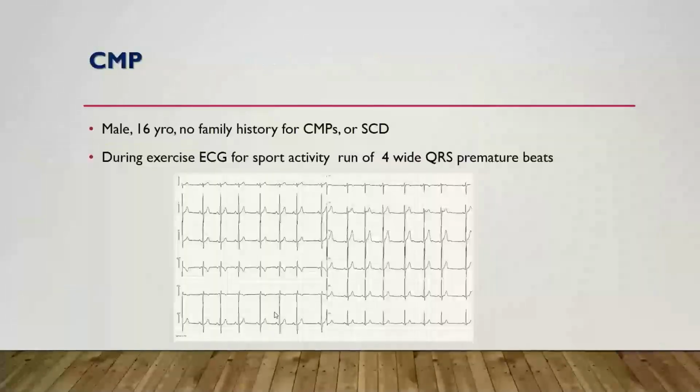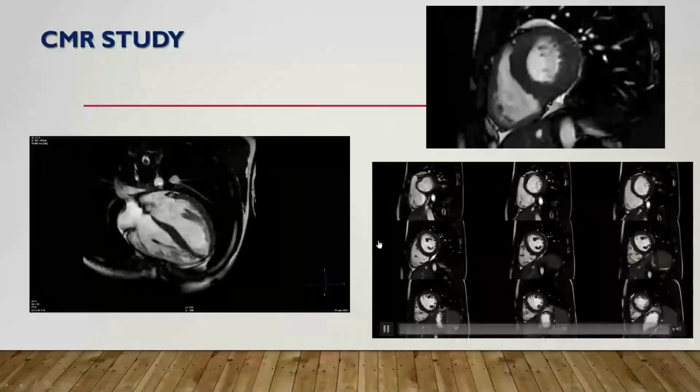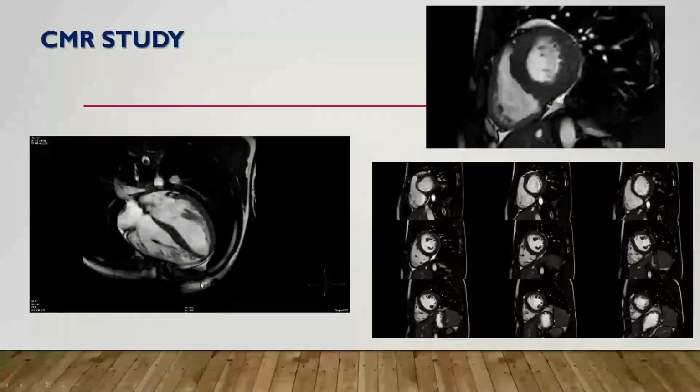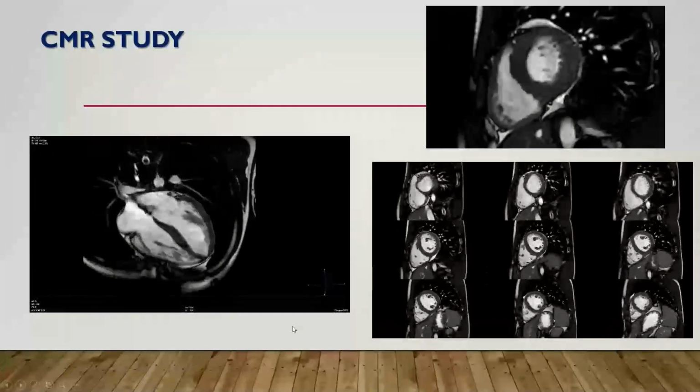Again, another example, a 16-year-old male with no family history of cardiomyopathy or sudden cardiac death. During an exercise ECG for sports activity, he had a run of 4 beats of wide QRS tachycardia. This is his resting ECG, and he underwent MRI, and according to MRI, it was normal, it was just an athlete's heart.